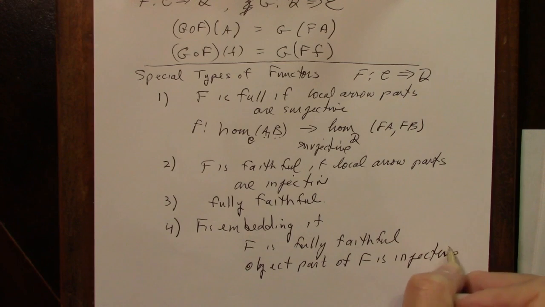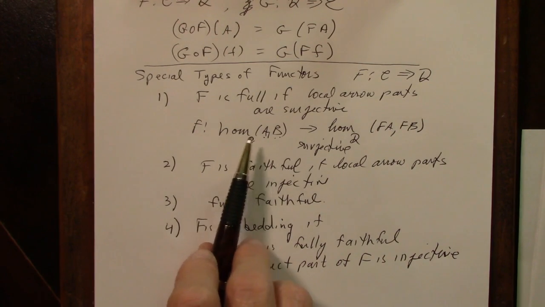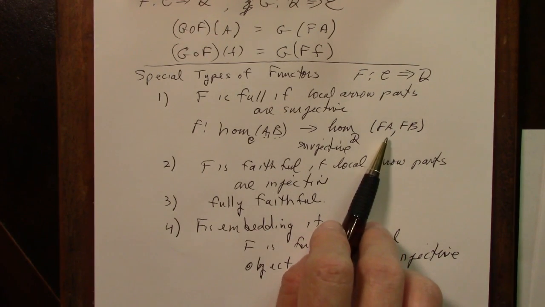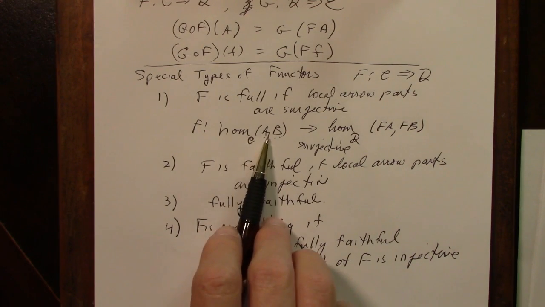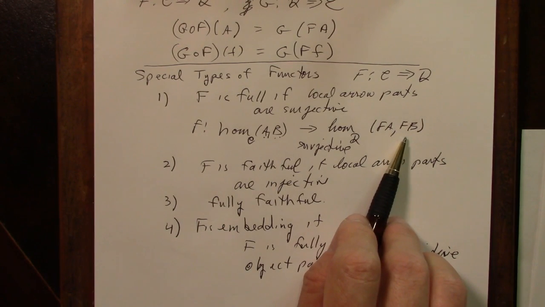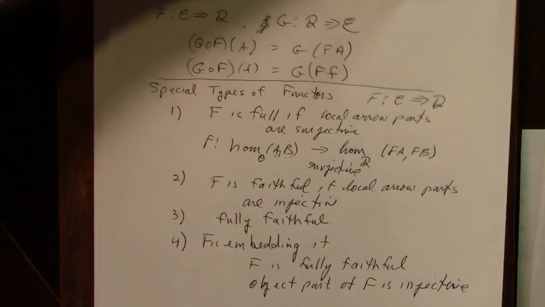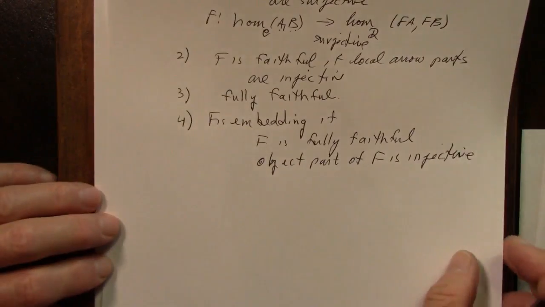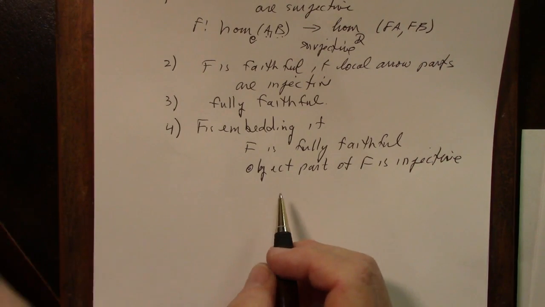If that doesn't happen, all sorts of things can happen. If different objects in C are mapped to the same object in D, then morphisms from different Hom sets will be mapped to the same Hom set, which is in general probably not what you would prefer. So when the object part of a functor is injective, then the Hom sets remain separate.